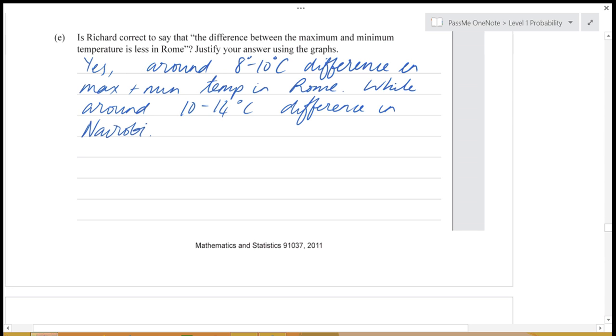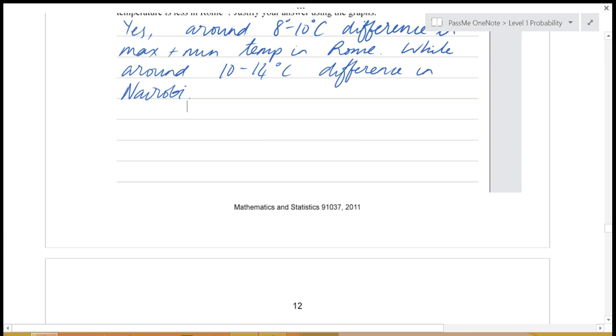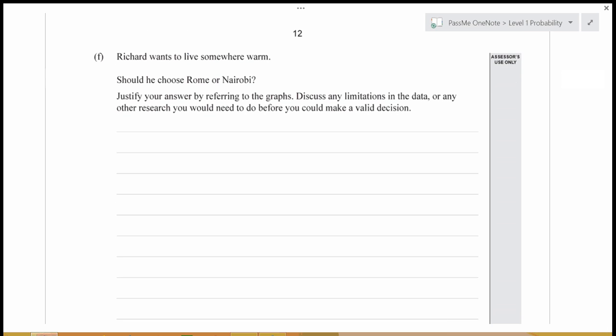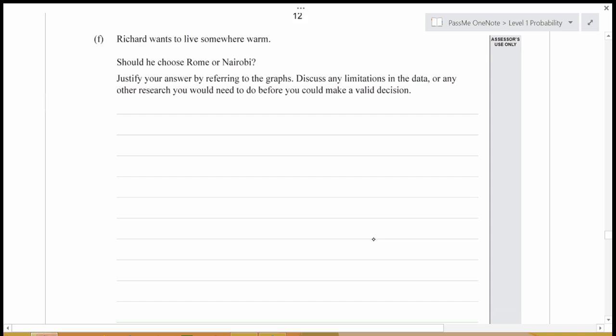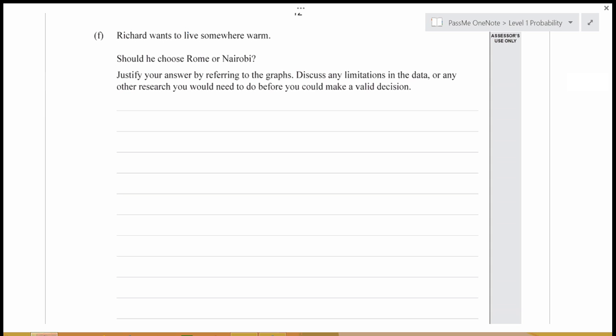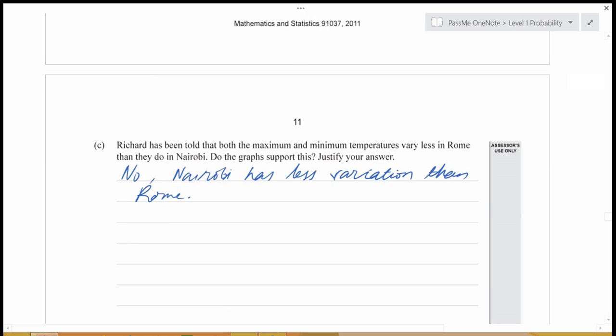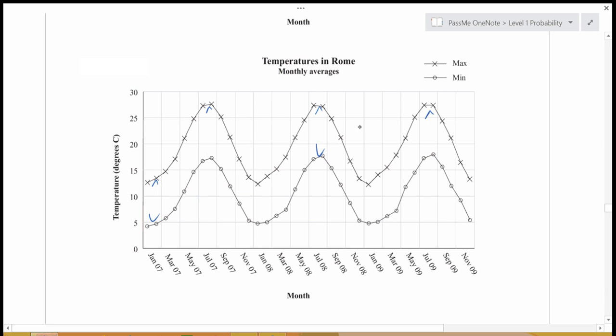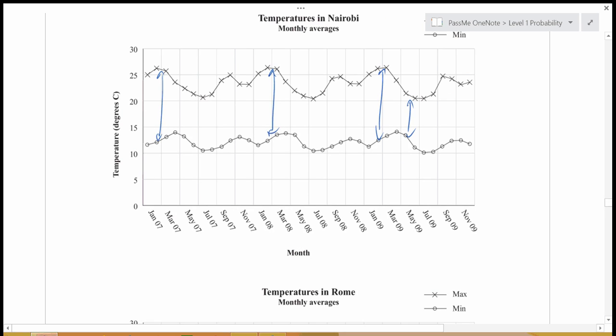Okay. Alright, on to question F. Richard wants to live somewhere. Should he choose Rome or Nairobi? Justify your answer by referring to the graphs. Discuss any limitations in the data, other research that you need to do. Well, look, if we go back and look at our graphs, I'm going to talk to this question.